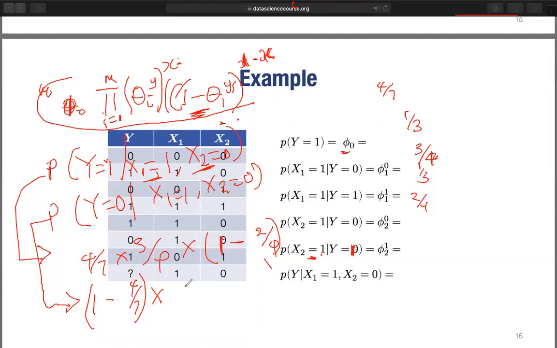Okay, so that you don't get confused, maybe I didn't explain this. You all will agree with me that this is equal to, like we have described, using Bayes' rule.